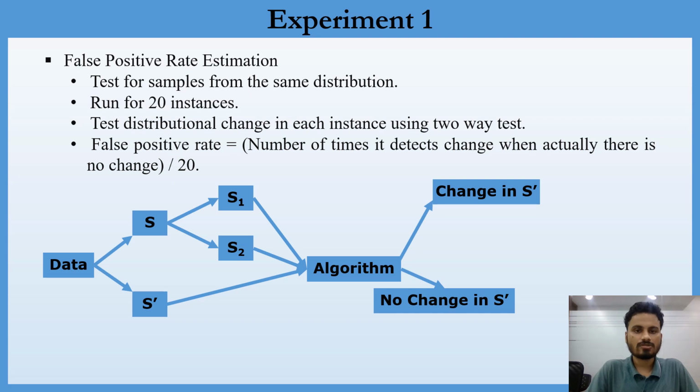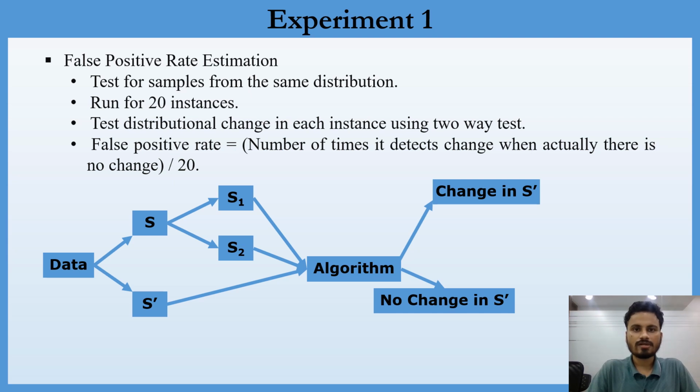Now let us see some experiments which we have in our research paper. The first one aims to calculate the false positive rate. Now let us first see what a false positive rate is. Let us say we have two distributions which are exactly the same, but our algorithm predicts that there is a change in distribution. In such a case, we call it a false positive.